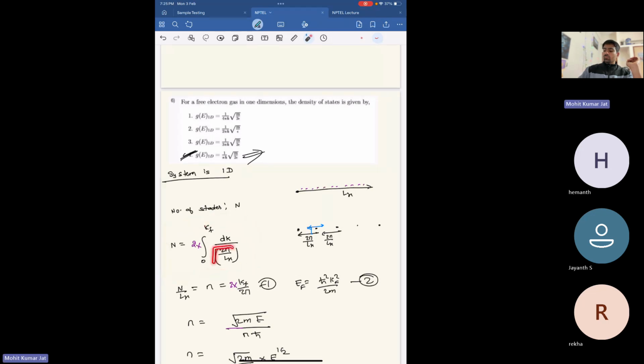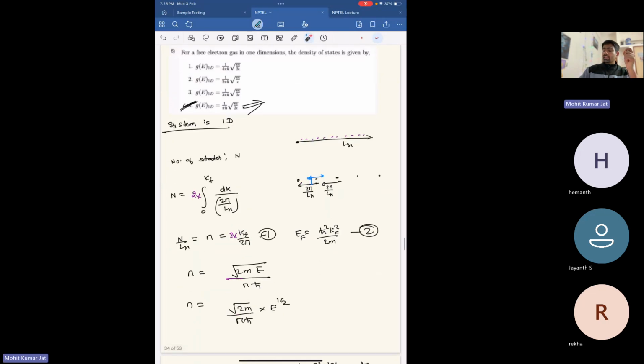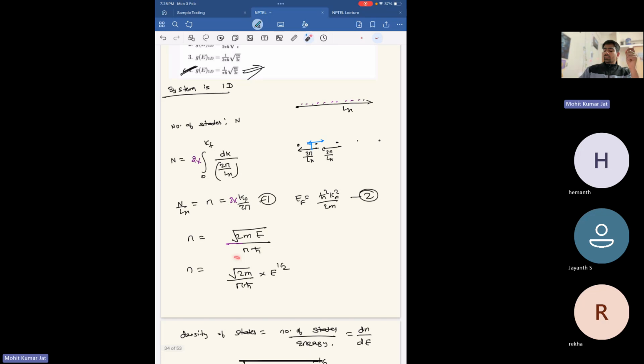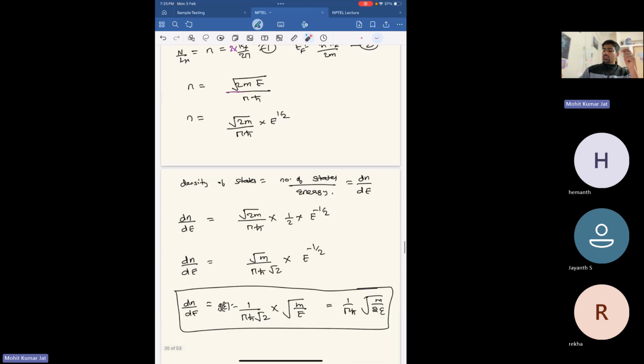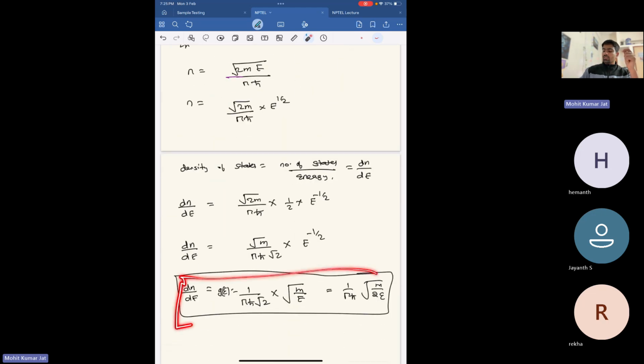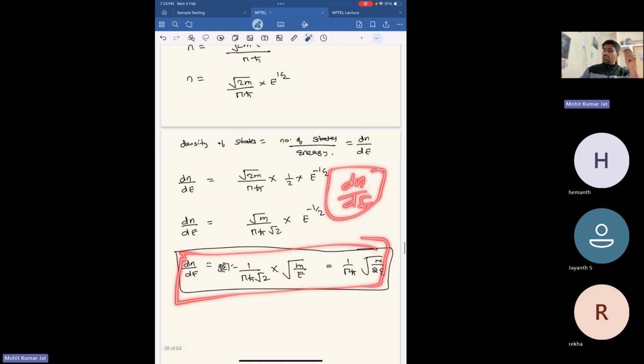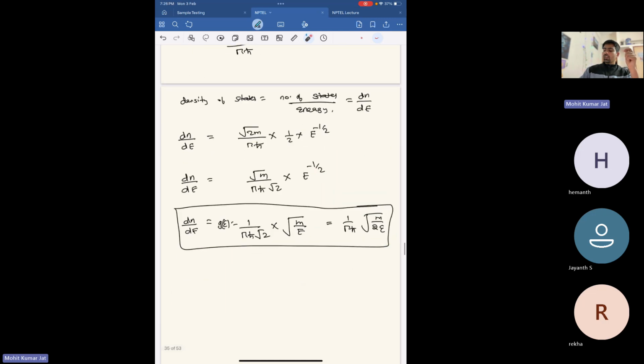This is the space you can say is required to fill one k state, and then the energy, then I substitute kF from this free electron relation, and that gives the n to be proportional to E to the power half and all those things. Then density of state we calculate, and density of state is nothing but del n by del E, number of states per unit energy, and that is 1 by pi h bar under root m by 2E.